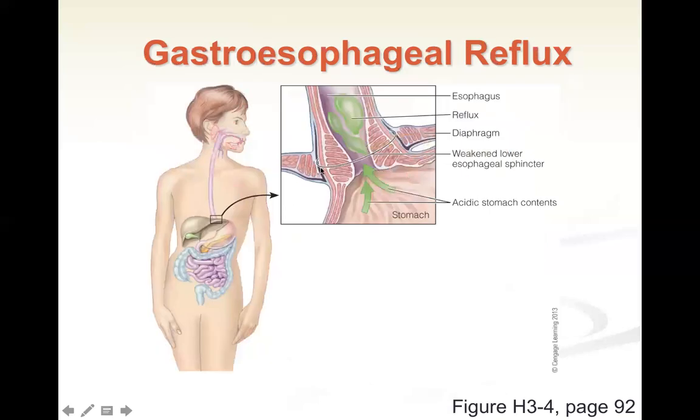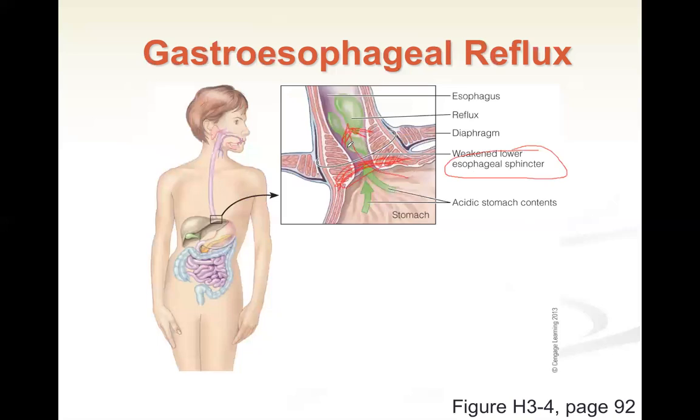Gastroesophageal reflux happens when acid from the stomach, or acid along with food contents from the stomach, splashes up through the lower esophageal sphincter into the esophagus. This can happen when the lower esophageal sphincter isn't closing properly or it's weak.